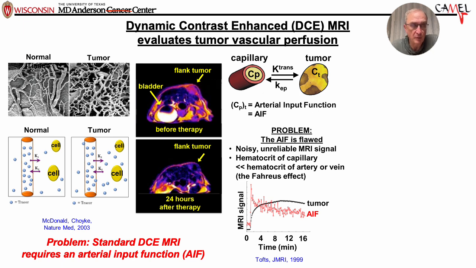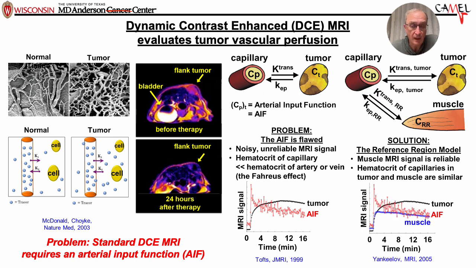Also, I think it's important to point out that the hematocrit within an artery or a vein that is used as the AIF is not the same as the hematocrit in the capillaries, which feed the tumor. And so there's a systematic error because of this Fahraeus effect. A workaround, or a solution, is to then circle the muscle and use that as a reference region tissue for comparison to the tumor.